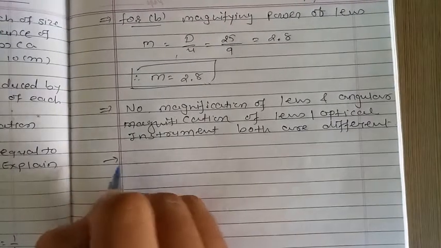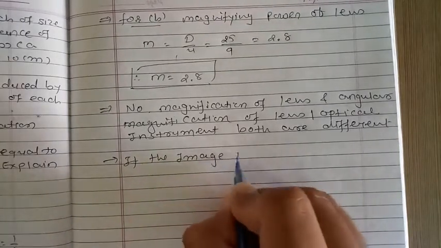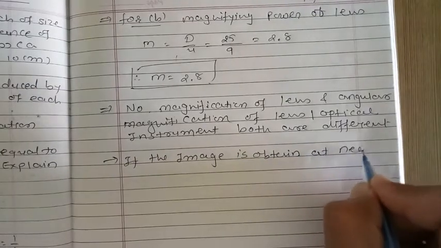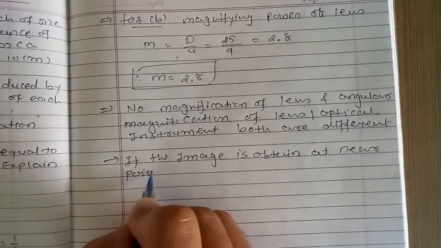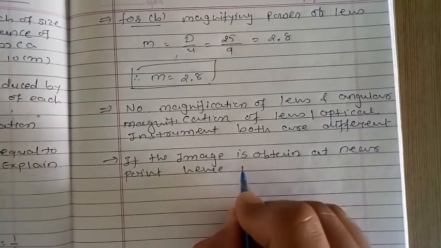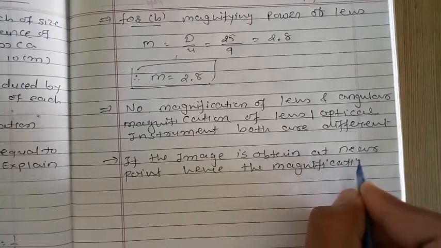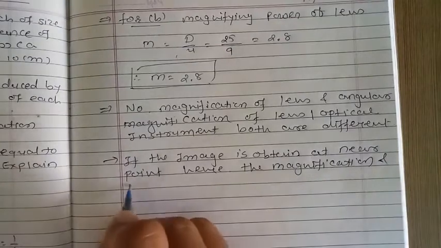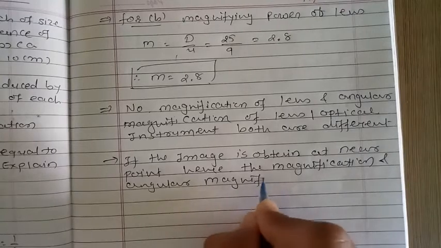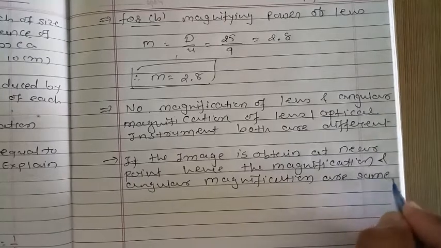So we can say that if the image is obtained at the near point, hence the magnification and angular magnification are same, right?